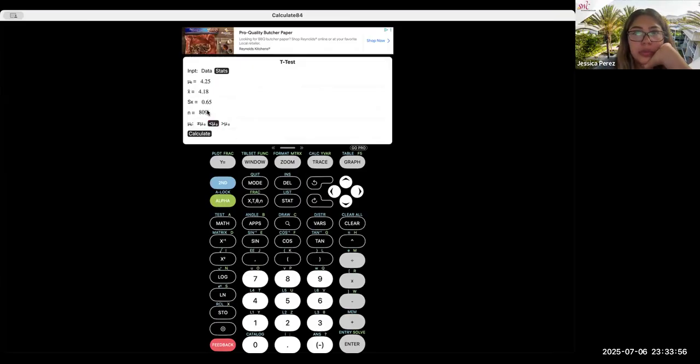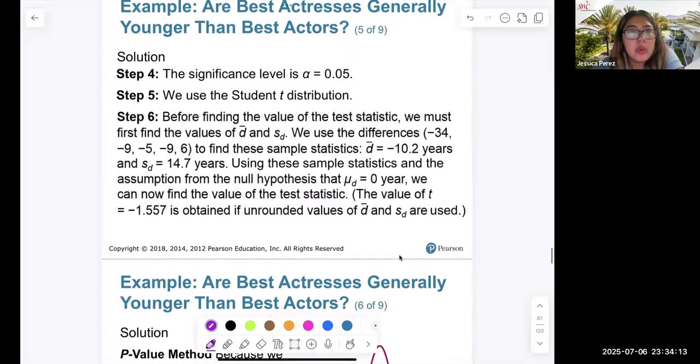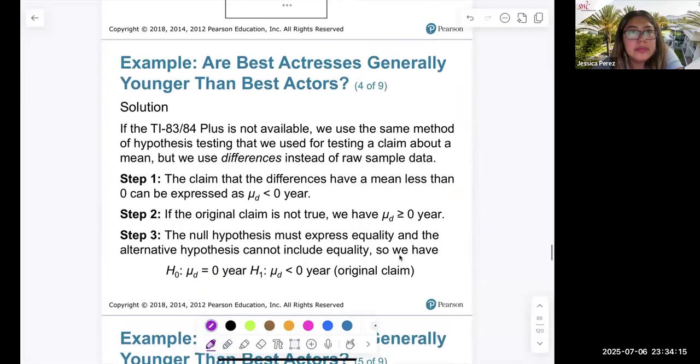Here, n is 5. We want to find the standard deviation and the mean, so we're going to have to input the value of the differences. So let's go back.